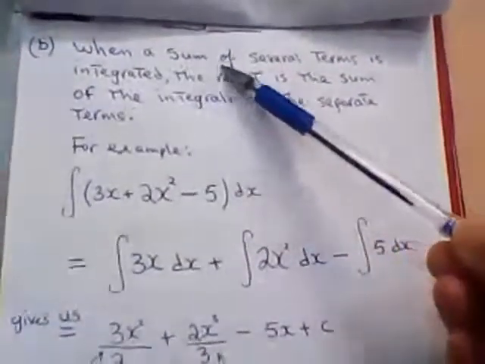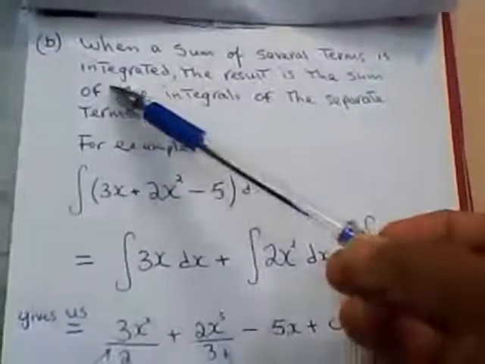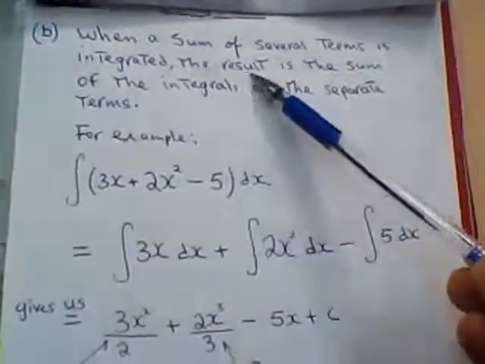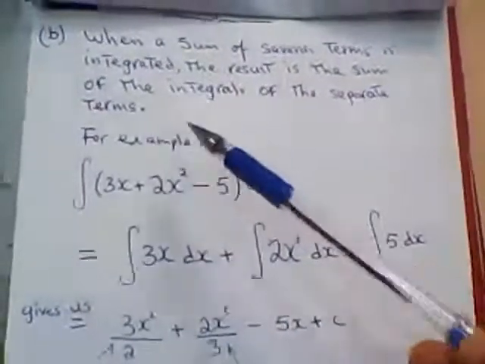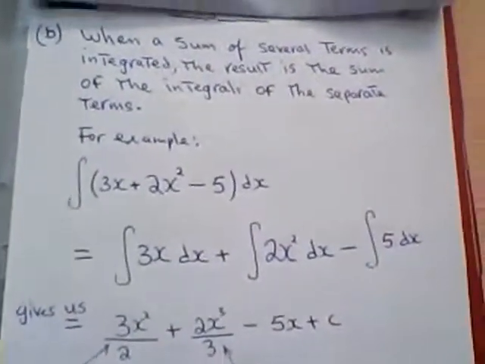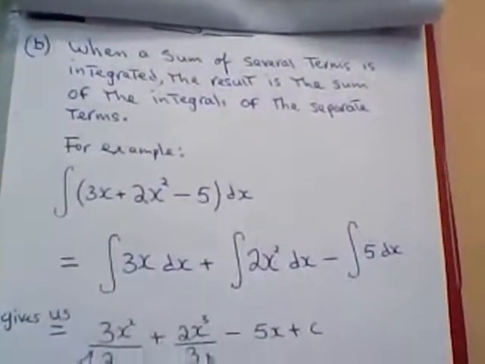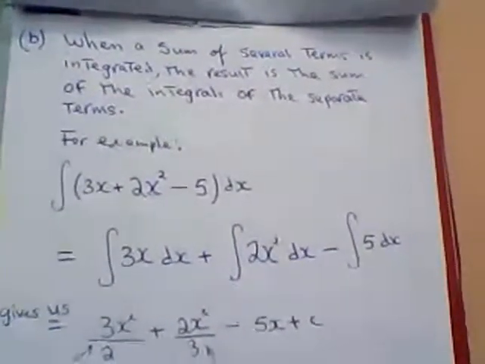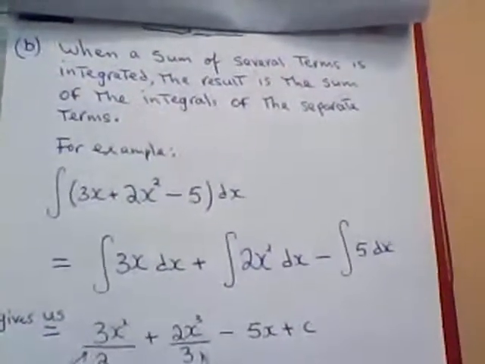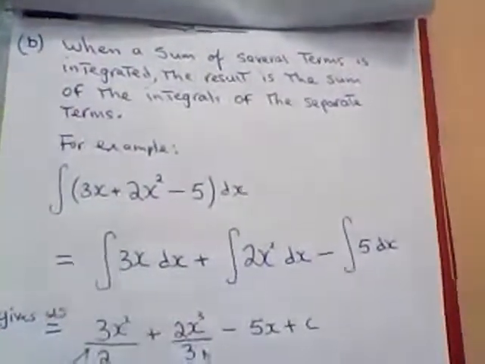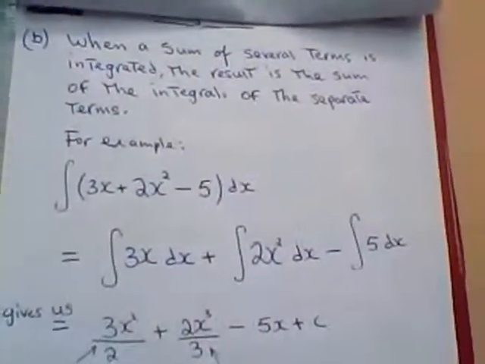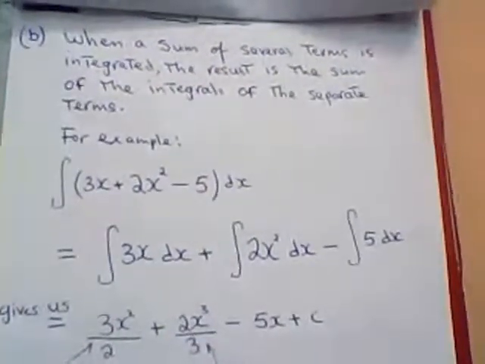When a sum of several terms is integrated, the result is the sum of the integrals of the separate terms. What that is simply saying is that you're adding all the separate terms together. It doesn't matter whether it is several, 10, 20, or whatever, all those terms will be treated as separate terms, and the end results of those terms will then be added to give you your final solution.